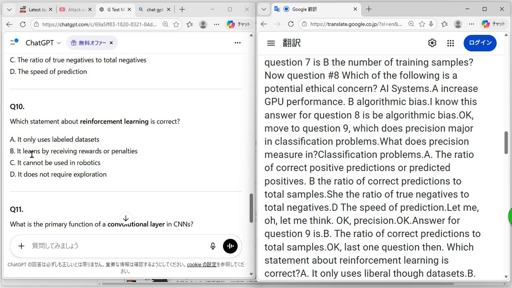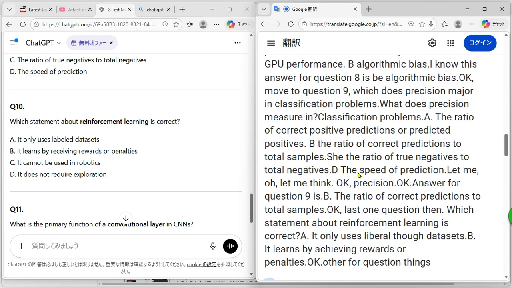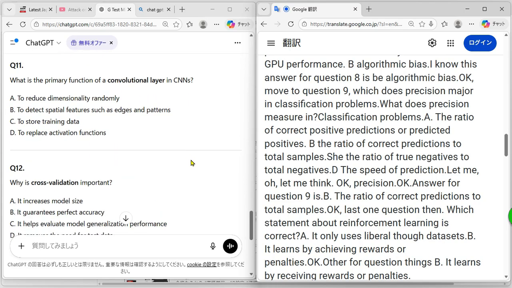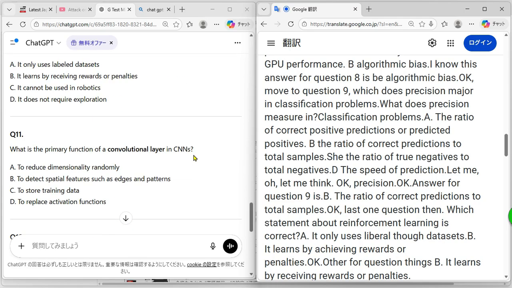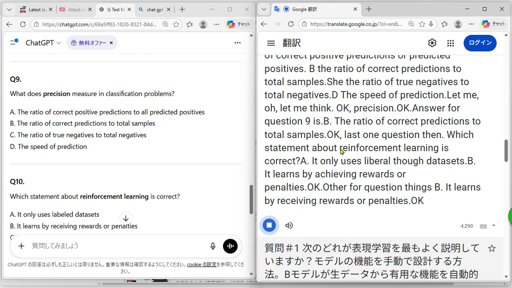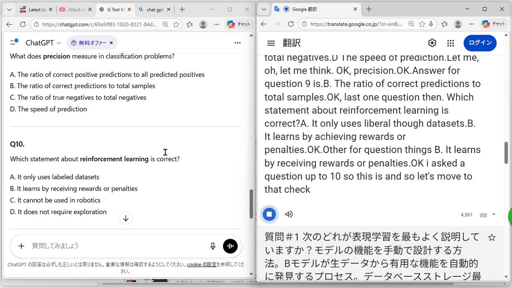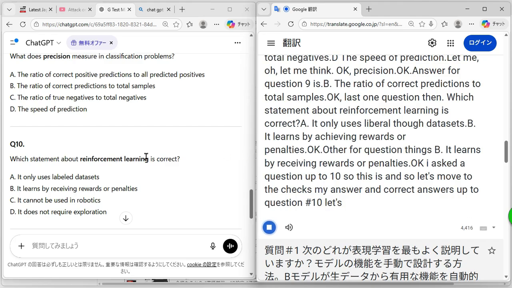Answer for question 10 is B. It learns by receiving rewards or penalties. Okay, I asked the questions up to 10. So this is the end. Let's move to check my answers and the correct answers. Let's do it.